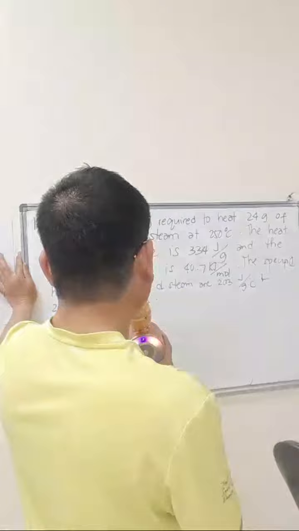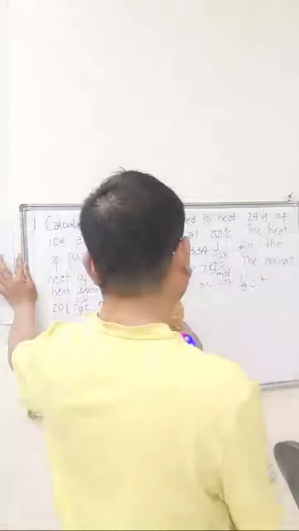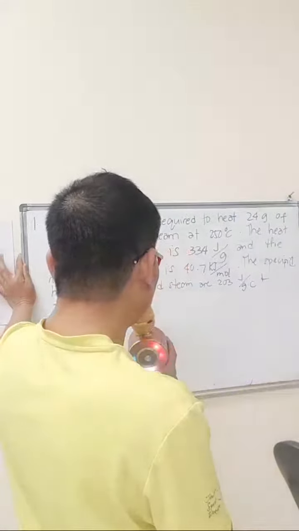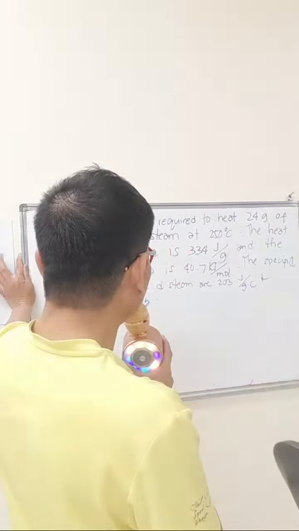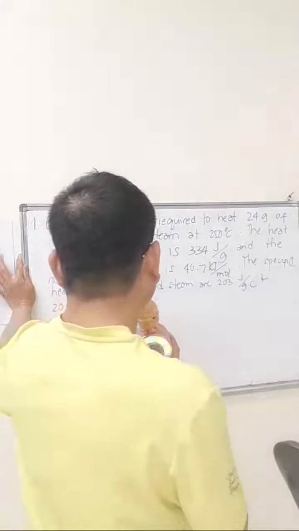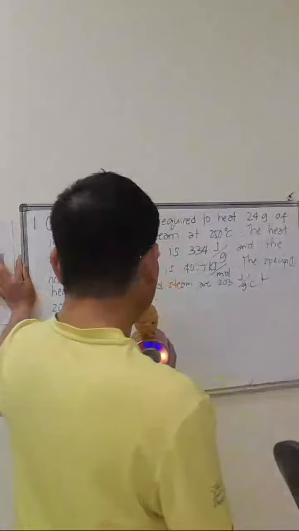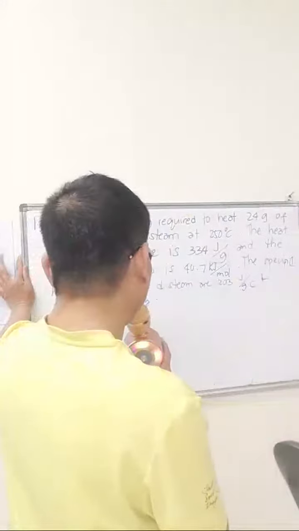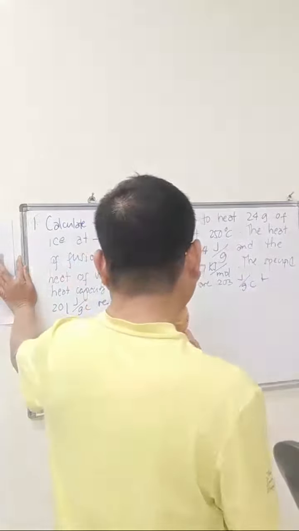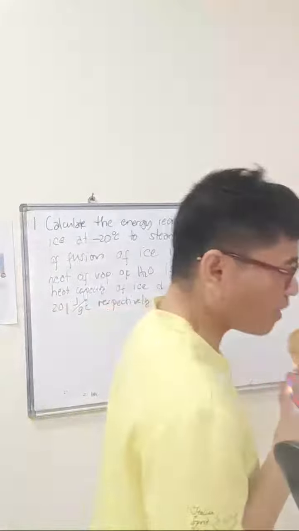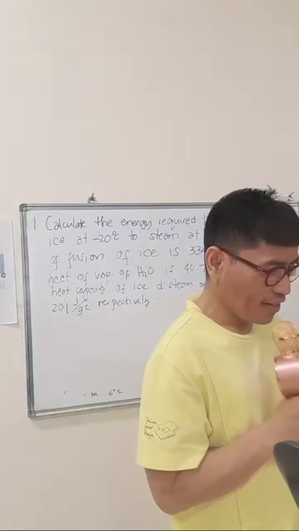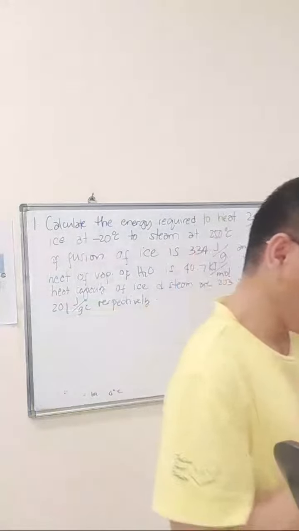The heat of fusion of ice is 334 joules per gram, and the heat of vaporization of water is 40.7 kilojoules per mole. The specific heat capacities of ice and steam are 2.03 joules per gram degree Celsius and 2.01 joules per gram degree Celsius, respectively. Better write that on a sheet of paper.